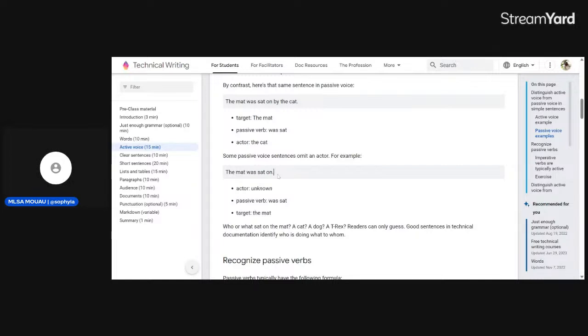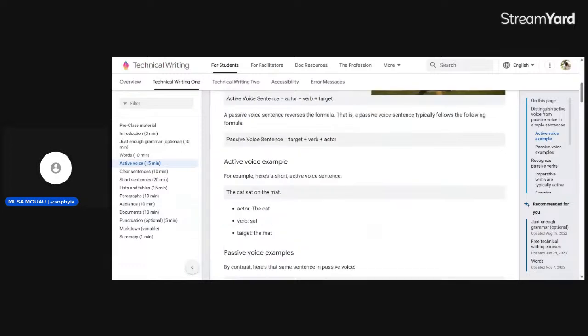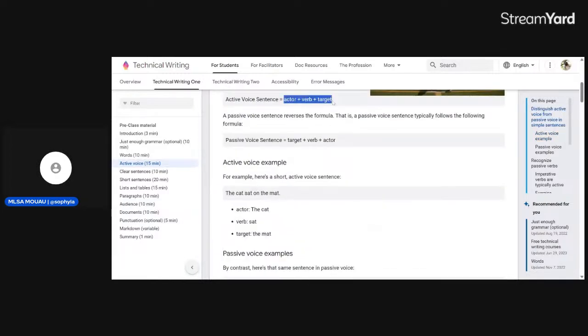When you are writing your article, it is always best that you follow this format: the actor first, the verb, and the target. This way, your reader will know what you are trying to say.